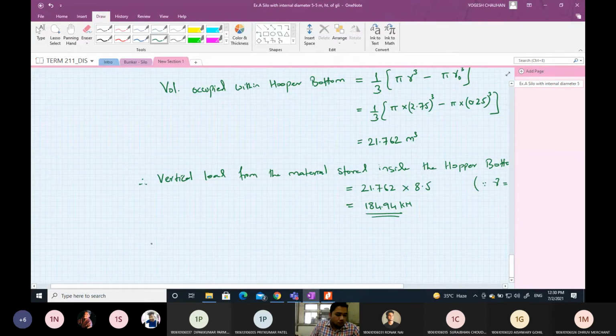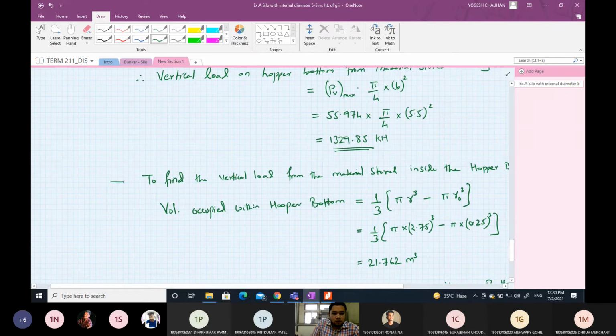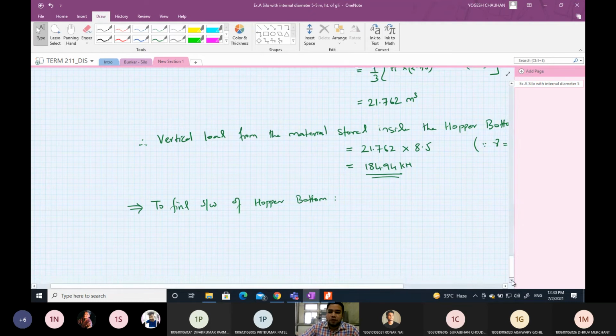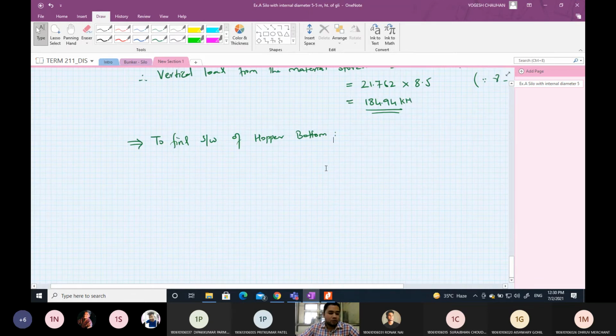To find the self weight of the hopper bottom, we have to find the volume of this sloping slab, then multiply it with the unit weight of the concrete. We will get the self weight of the hopper bottom.